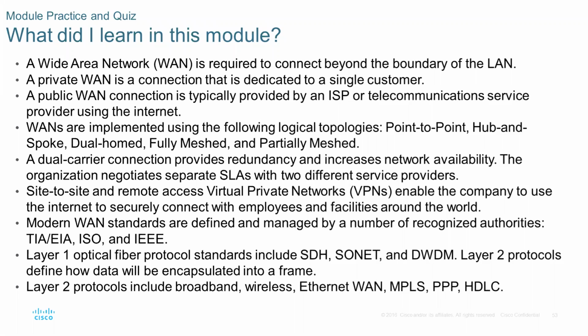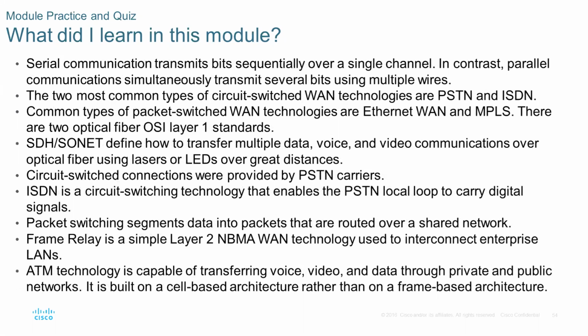We reminded you that the usual suspects are in control of WAN standards. We then went through the standard protocols for optical fiber and broadband. We then had a look at the difference between serial and parallel communication.